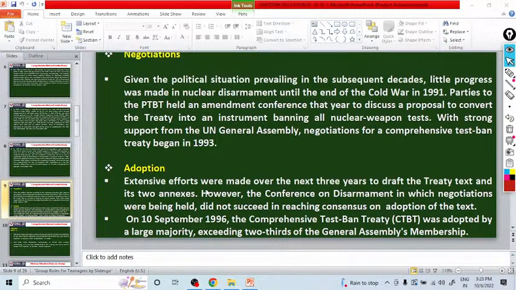However, the Conference on Disarmament, in which negotiations were being held, did not succeed in reaching consensus on adoption of that text. On 10 September 1996, the Comprehensive Test Ban Treaty was adopted by a large majority, exceeding 2/3 of the General Assembly members.